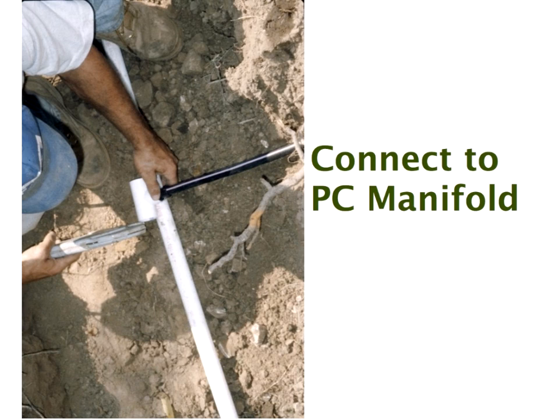Okay, now we're taking that, the manifold is lying here, and he's going to cut it. He's going to cut the PVC pipe and then solvent weld this on each side.